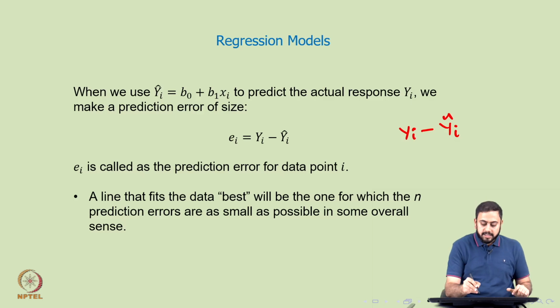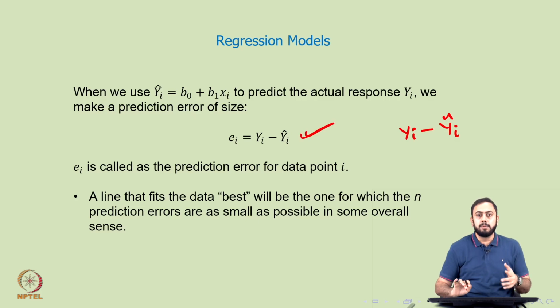Okay, and this is exactly a very important terminology in the regression literature called residuals and denoted as small ei. Okay, so nothing but the difference between the actual response yi and the one which is given by the line of best fit, you simply subtract them and then you get hold of residuals. And again, residuals, as you may see, are nothing but some sort of errors or more like prediction errors for the ith observation. So every ei is called a prediction error for the data point i.